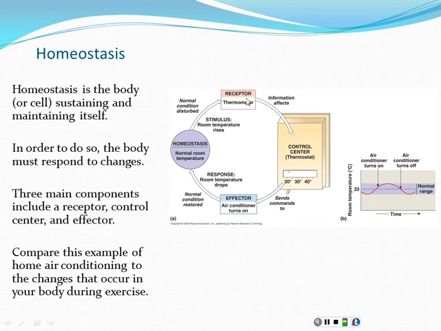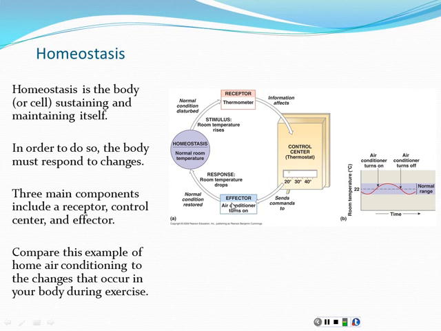So that's why you have a thermostat. The thermometer in the thermostat detects temperature. So when it detects that the temperature has gone up, it sends that information to the control center, which is the switch in the thermostat that turns the air conditioner on. And then that control center creates an effect.